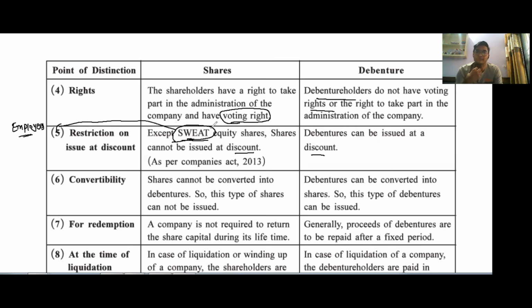Means if I am the company and I want to issue shares to my existing employees, then I can issue SWAT at a discount. But other than that, there is no discount on equity shares. But debentures can be issued at a discount. Got it?